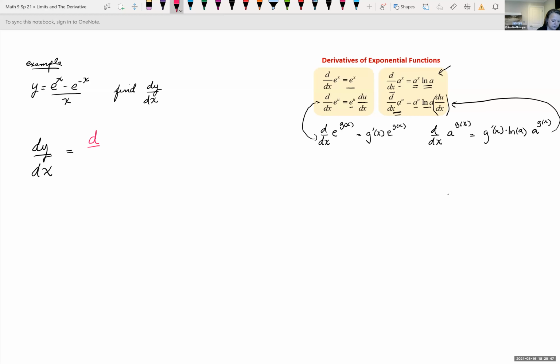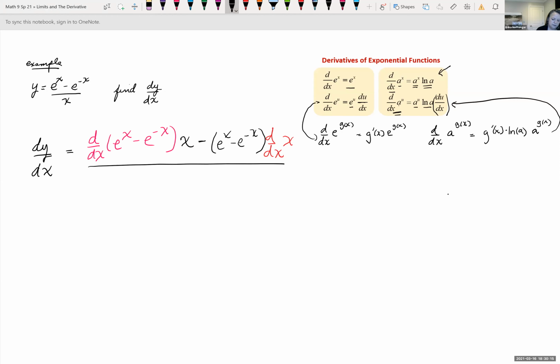So d dx of our numerator, e to the x minus e to the negative x, times the denominator, x, minus the numerator, e to the x minus e to the negative x, times the derivative of the denominator, d dx of x. And this is all over our denominator, x, quantity squared.